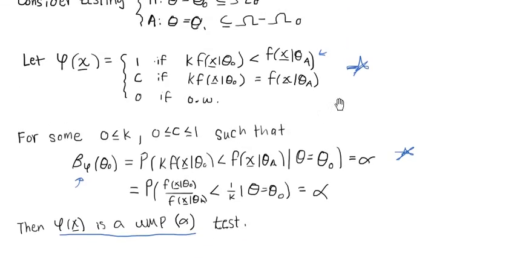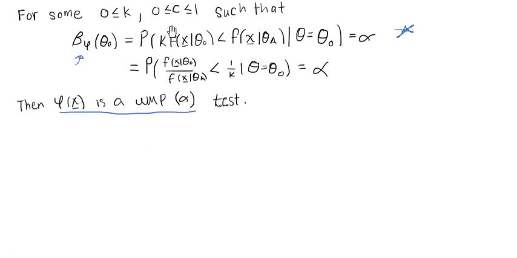So we're assuming that both of these conditions hold for a particular test. We're going to call it phi star. And what we want to show is that a test under these conditions is uniformly most powerful.